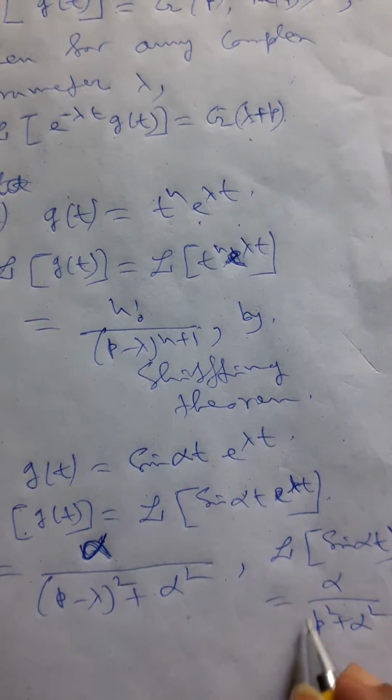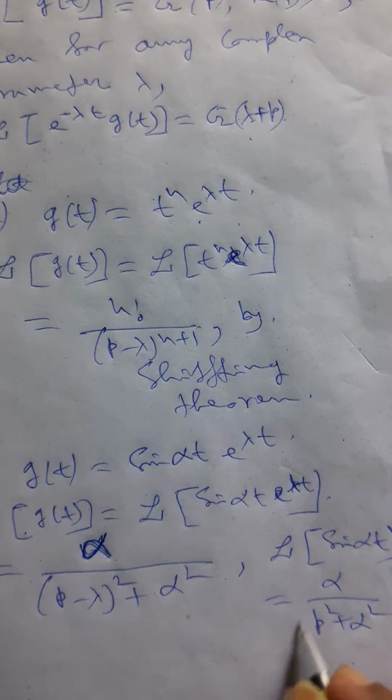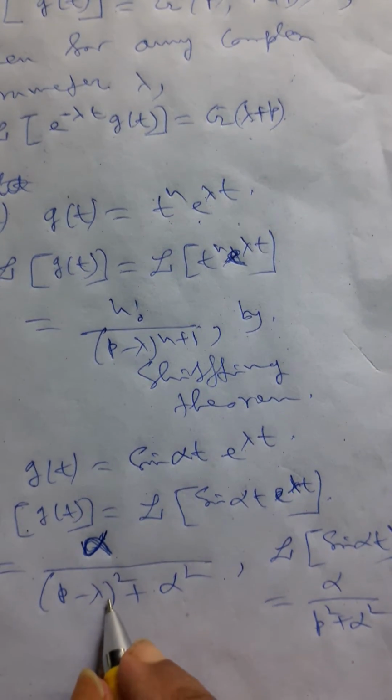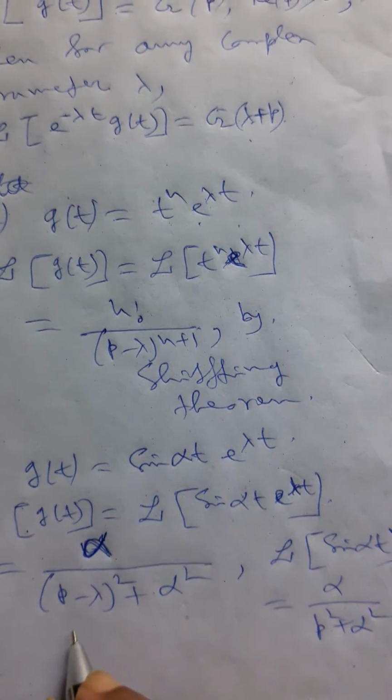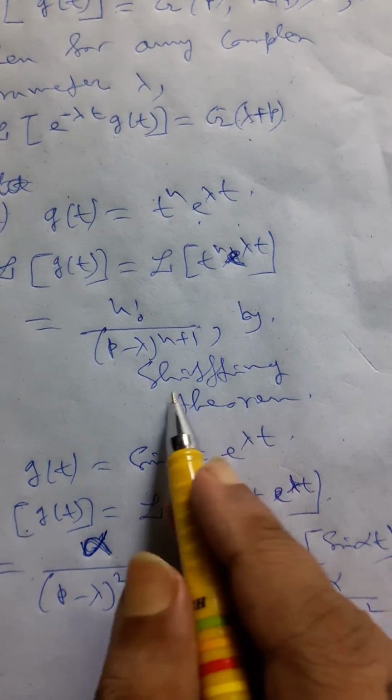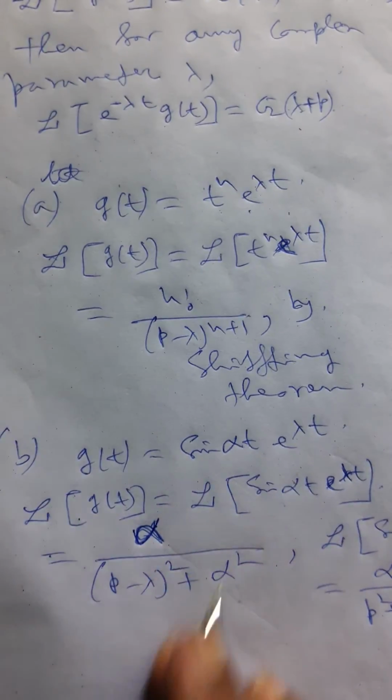So using the shifting theorem only on p, it becomes p minus lambda, with no other changes.